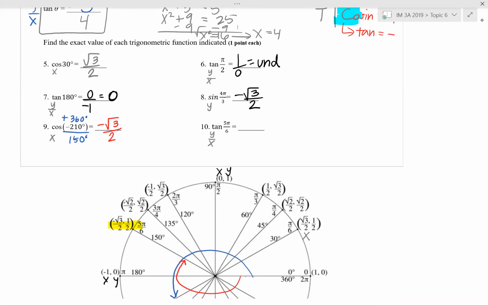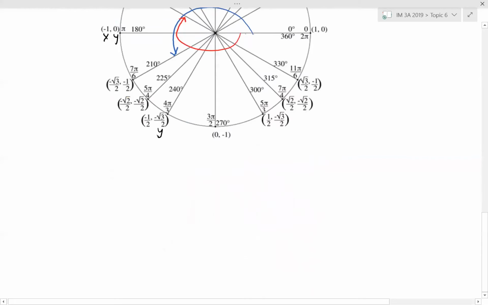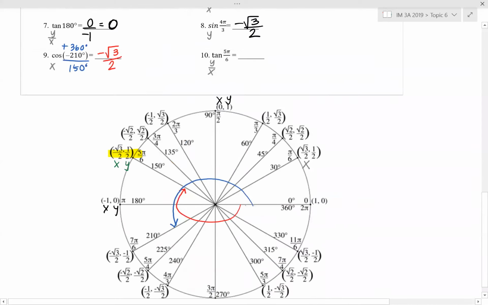And then finally, we have tangent of 5 pi over 6. So if we find 5 pi over 6, I went too far. That's the one that we have highlighted here. So it's equivalent to 150. So x is negative radical 3 over 2. Y is 1/2. So we're going to do 1/2 over negative radical 3 over 2.